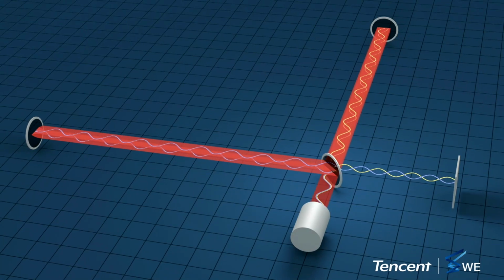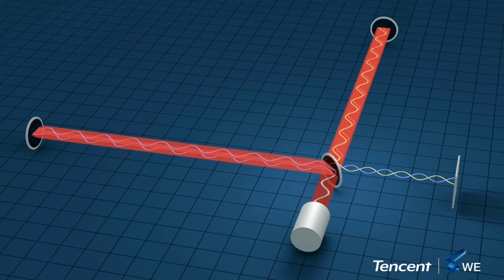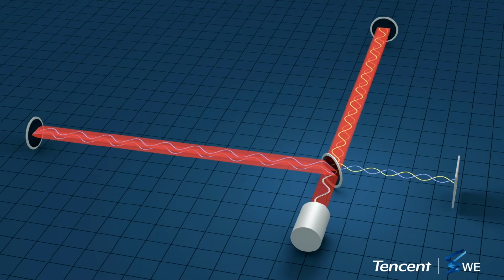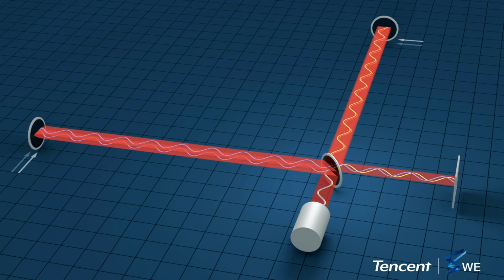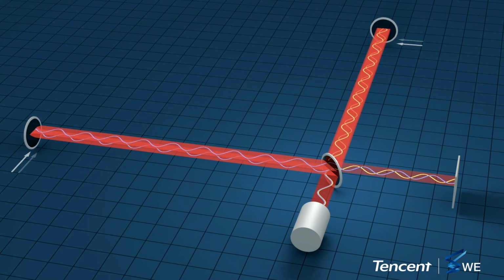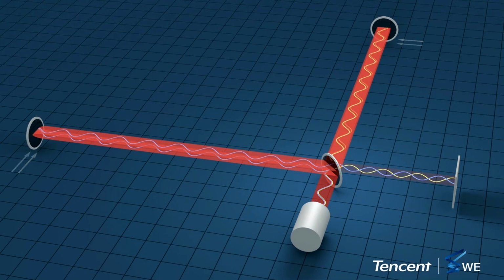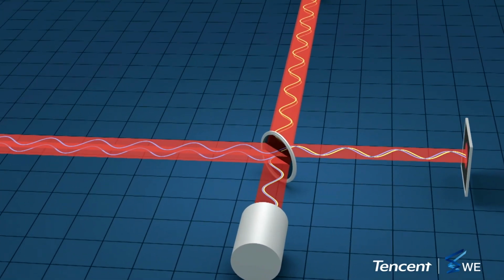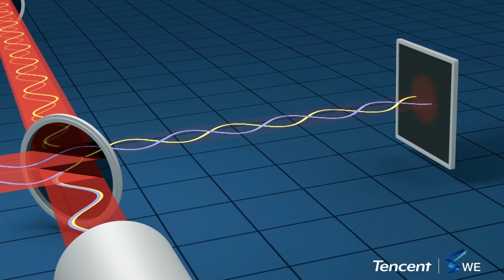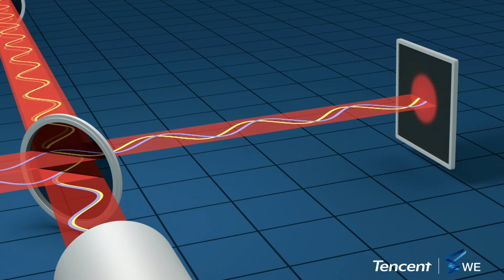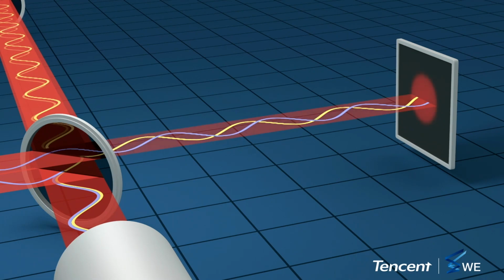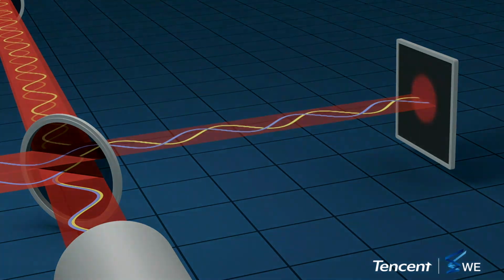As the gravitational waves pass, the distance between the central beam splitter and the end mirror stretches along one arm and compresses along the other. This changes the time it takes the light to travel along the arms. The recombined light waves shift with respect to one another and produce a signal at the detector. Incredibly tiny stretching and squeezing of space can actually be measured directly in this way.